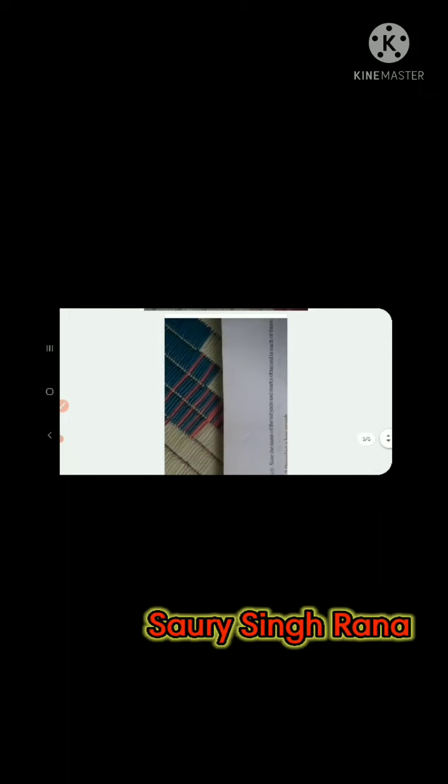Okay. So now D part says, you have to read it like this: state the name of the subject and marks obtained in each of them. So let us do this question.